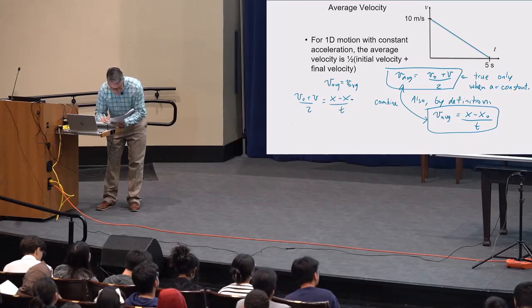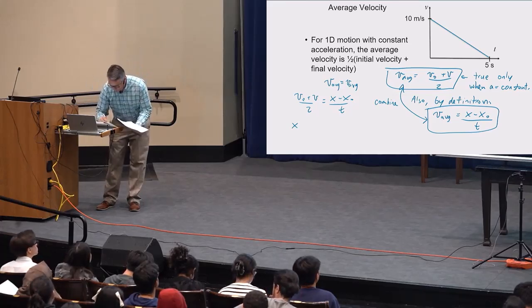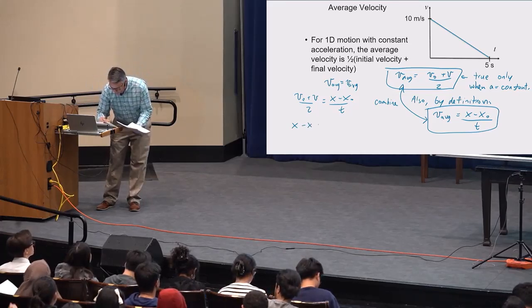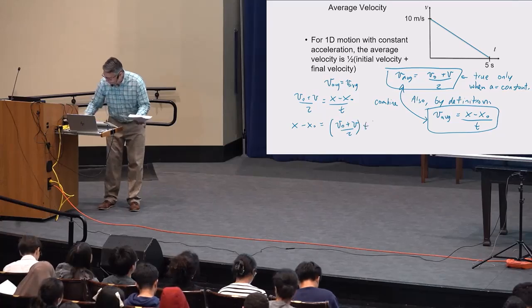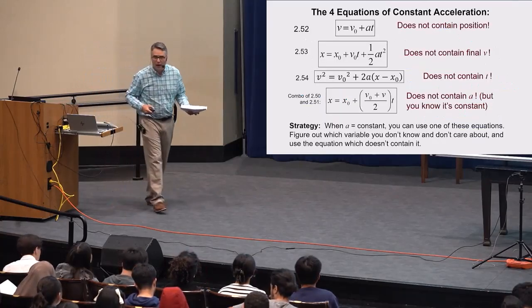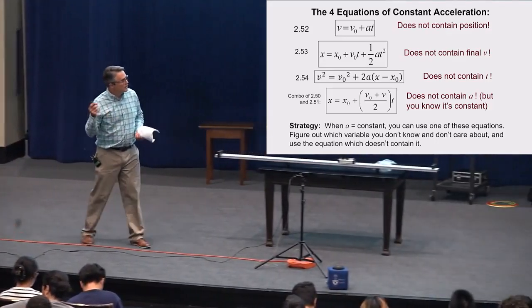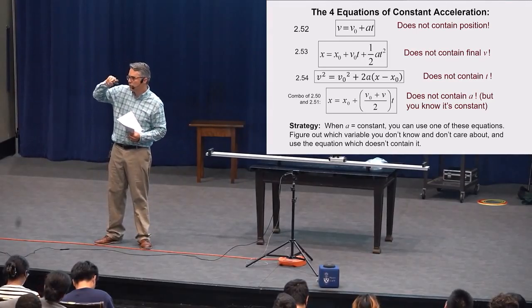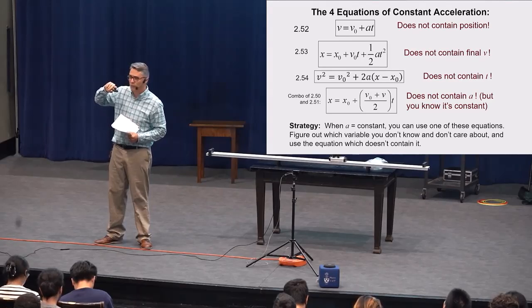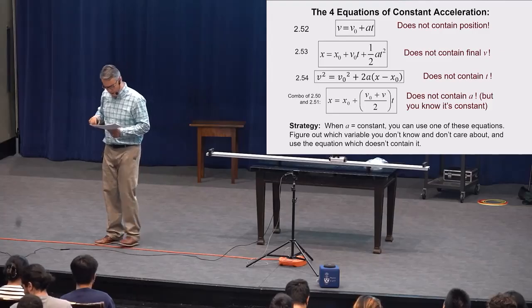You can solve that out, and you get x minus x0 equals (v0 plus v) divided by 2, all times t. So that becomes the fourth equation in this list. Sometimes they're called the four kinematics equations. This last one in your textbook is sort of a combination of equations 2.50 and 2.51, so I've kind of combined it. But these are the ones that, if I were you, I'd put on my 8 sheet.